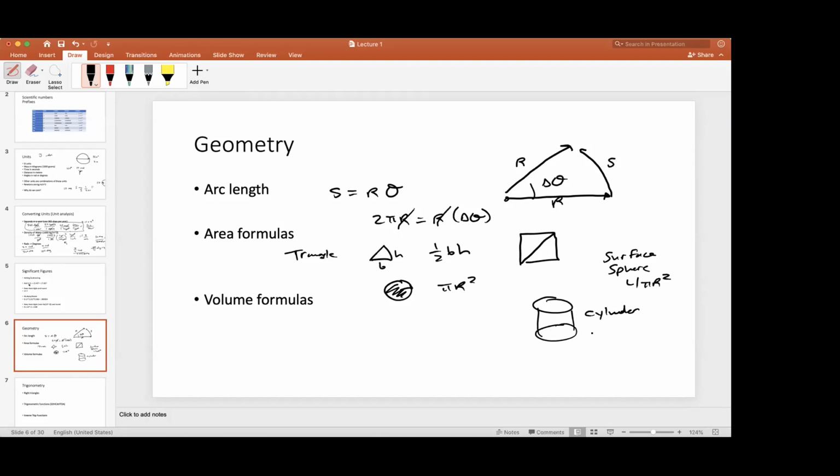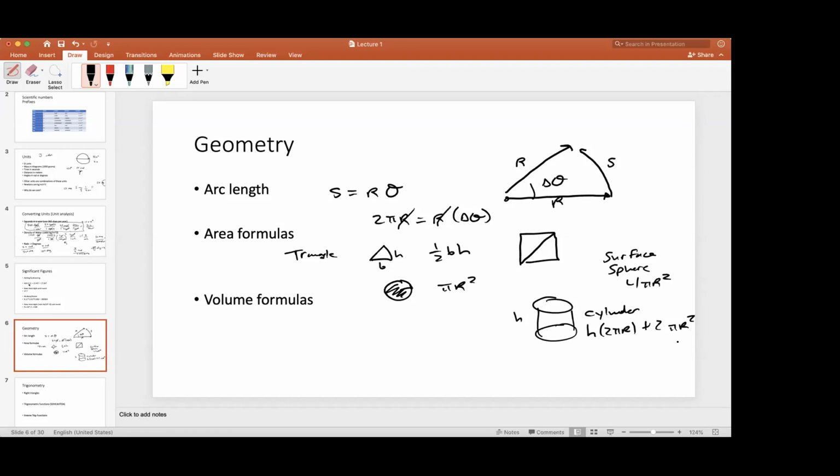I don't want to do that. We know that this is the height times the circumference. So however tall this thing is, as we go around, plus 2 times the area of the top and bottom, which is pi r squared. So if for some reason we need the surface area of a cylinder, that's what it is, not the volume. We'll talk about the volume in a minute, okay?